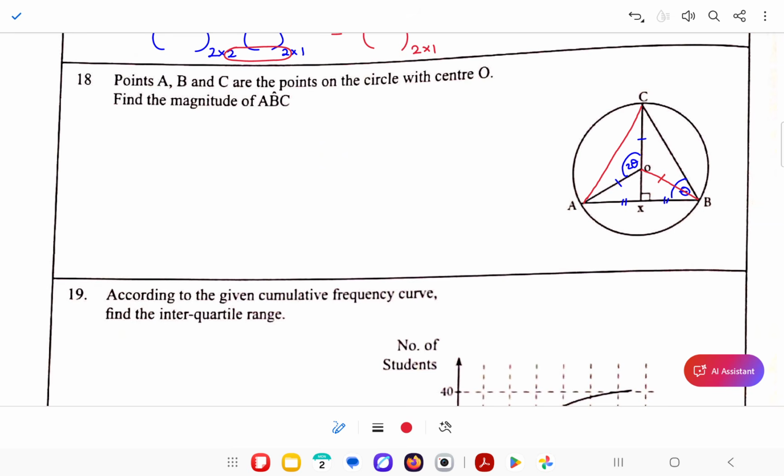So look at these three triangles. They are theta. OAP, OAC and OCB are all congruent triangles. No?